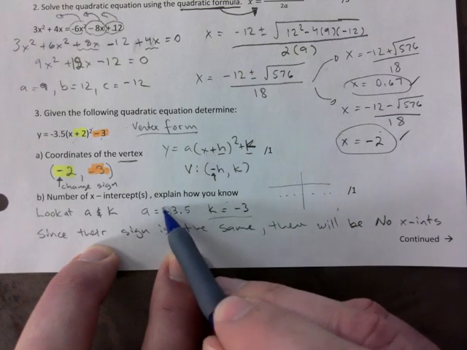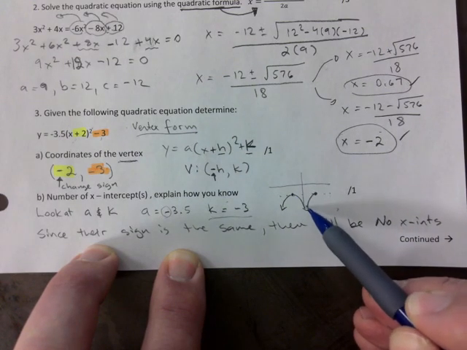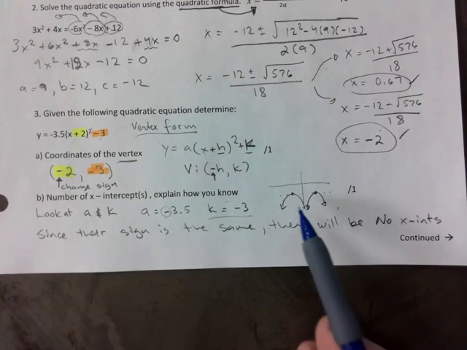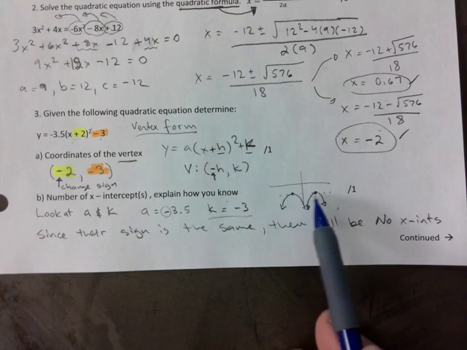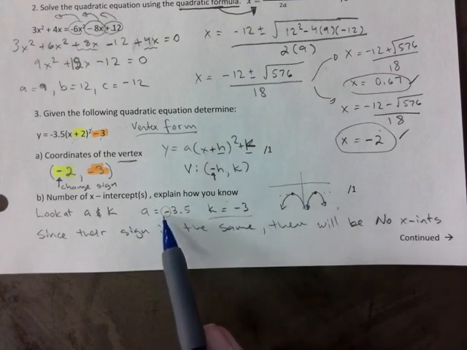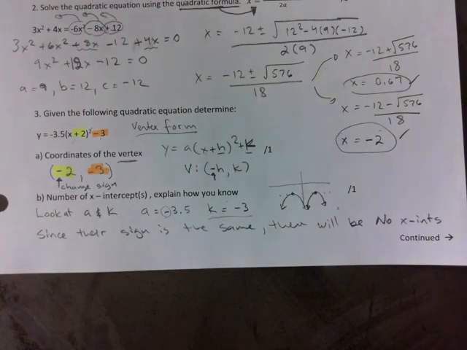And A being negative will make this point down. We don't know well, we actually know exactly, but it doesn't matter. K just tells us it's below the x-axis. And A tells us, hey, it's pointing down. So this will never, ever cross the x-axis. So no x-intercepts.